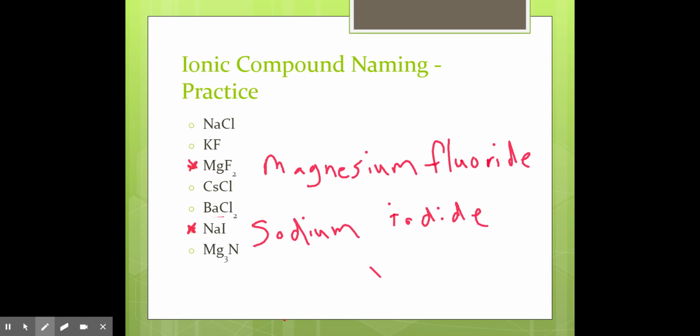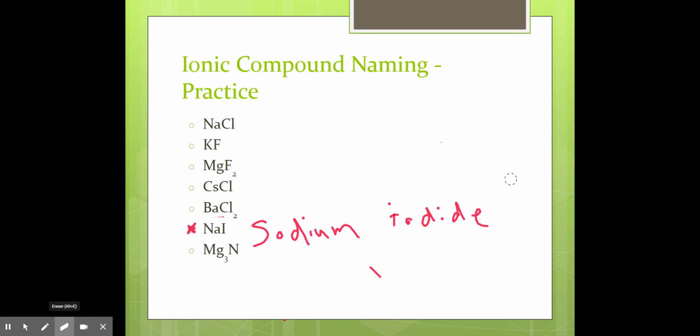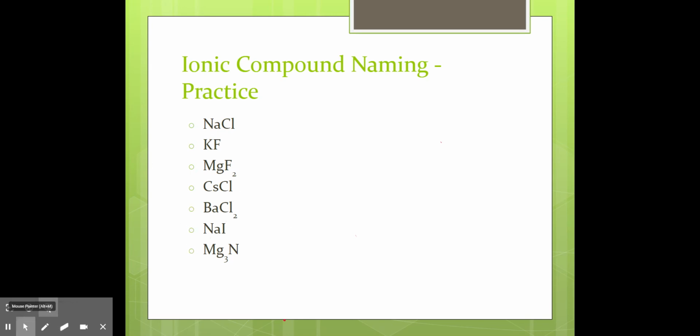All right, I'm going to go ahead and erase. I'm going to count down from 3. I want you to pause the video during my countdown and try the other 5, and check them when I hit next slide. So we have 5, 4, 3, 2, and 1.